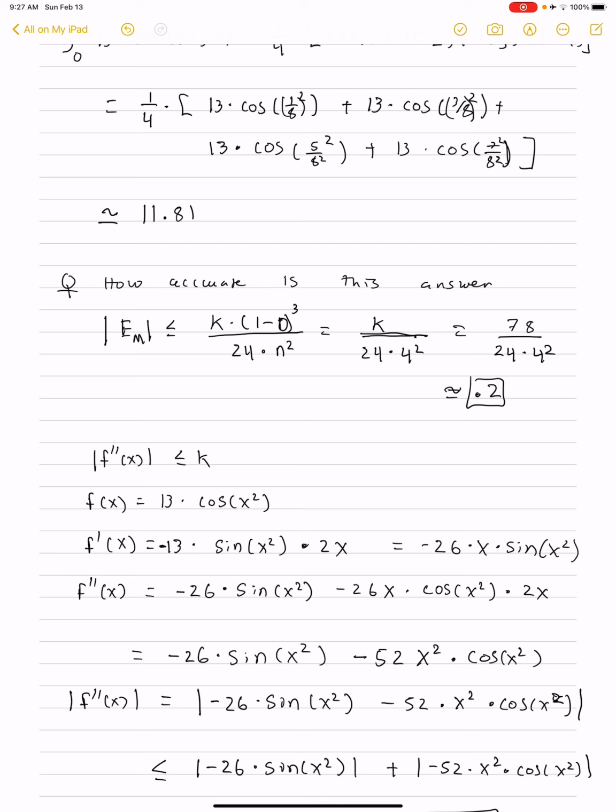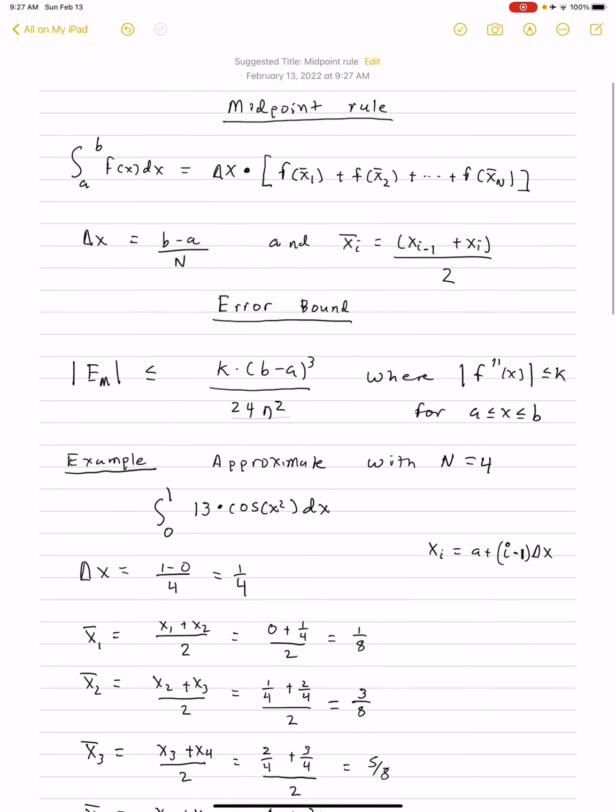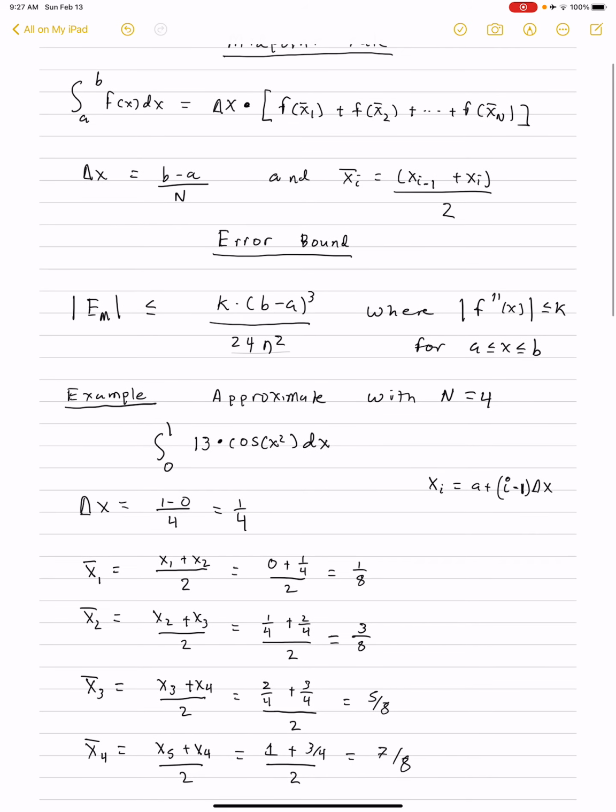Technically this is 0.203 if we want to be really precise, depending on how many significant digits we want. Okay, thank you very much. That was just a brief introduction to how to use the midpoint rule along with this error bound.